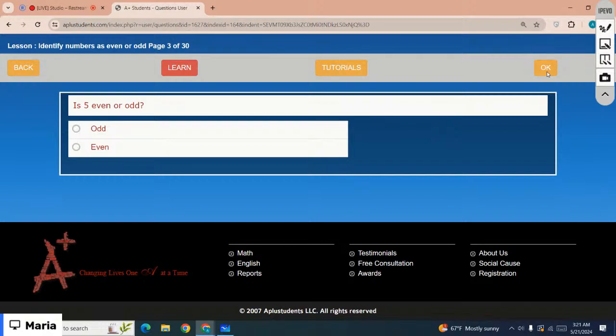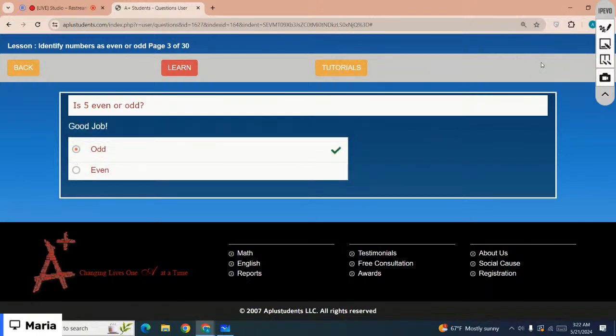Is 5 even or odd? Five is an odd number. The correct option is odd.